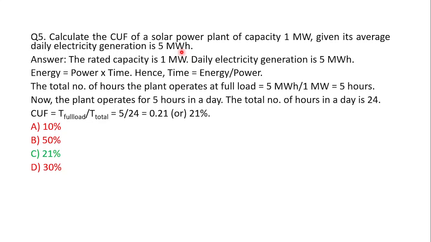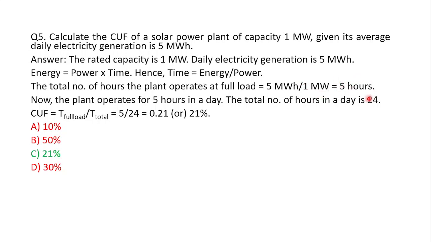So I can just say, okay, energy is power multiplied by time. You would have read this in school, right? Energy equals power into time. So then time equals energy by power. So what is your energy? It is 5 megawatt hour. It generates 5 megawatt hour, and you have designed the installed capacity as 1 megawatt.